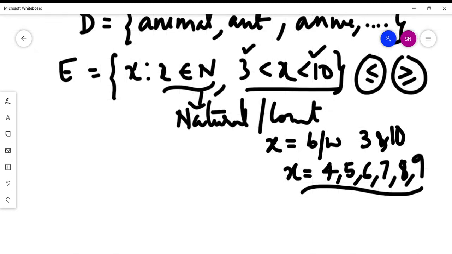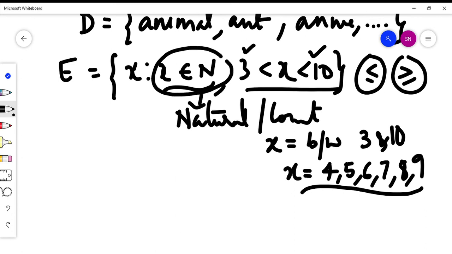So if I talk about this particular characteristic, x such that x belongs to the set of natural numbers, here x belonging to the set of natural numbers is a unique property possessed by this example. x belongs to the set of natural numbers and nothing else.